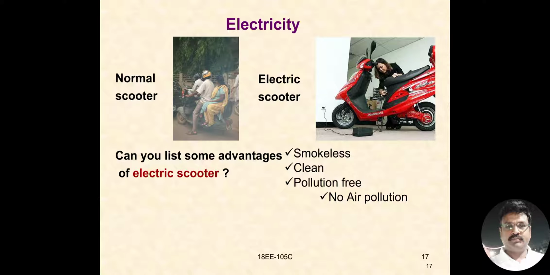Pollution free, meaning no air pollution and no sound pollution. It is efficient, and the losses are very low. So electrical energy is a more efficient form of energy than other forms.